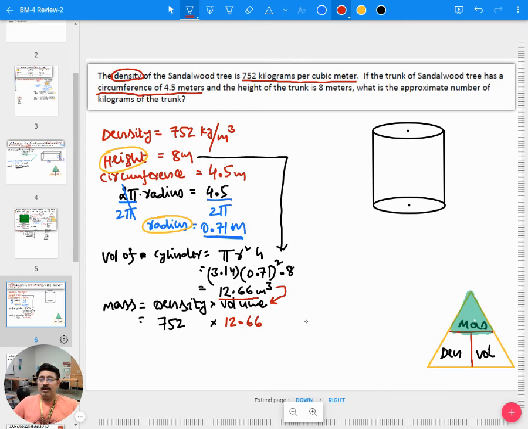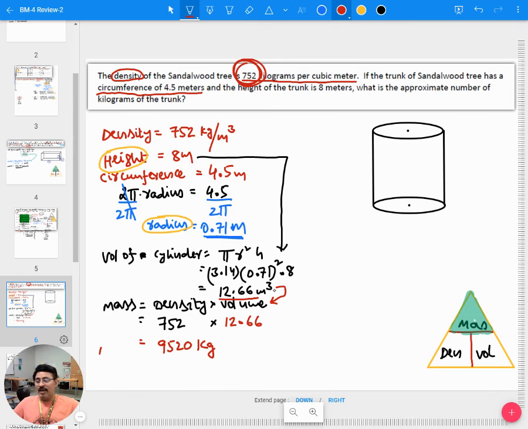Again, the question is find the mass. I hope you remember mass equals density times volume. I computed the volume, that is plugged in here, and density is given as 752, that is copied here. So 752 times 12.66, the answer is 9520 kilograms.